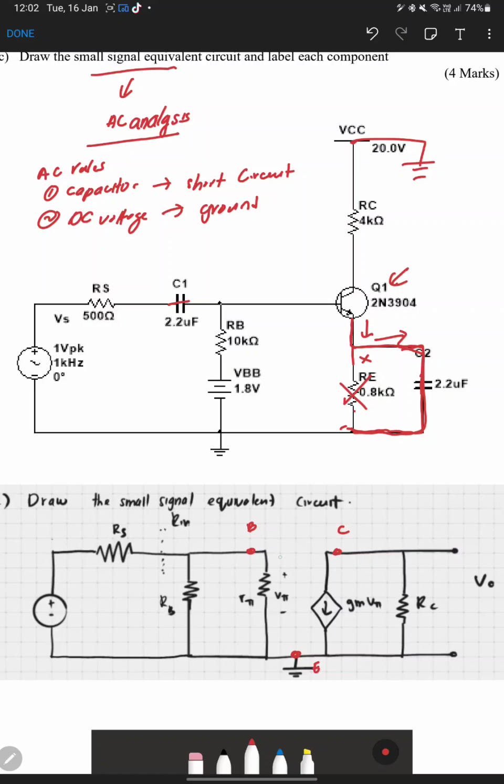For the base, you need to remember it has a resistance we call R pi, and at the R pi we have the V pi.